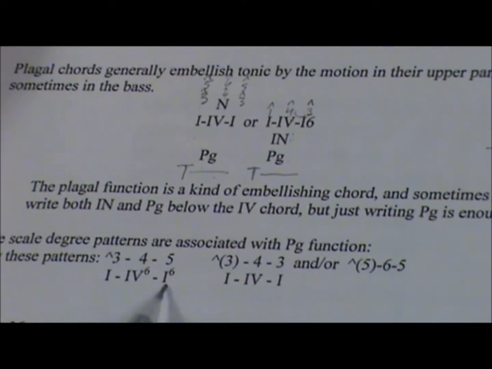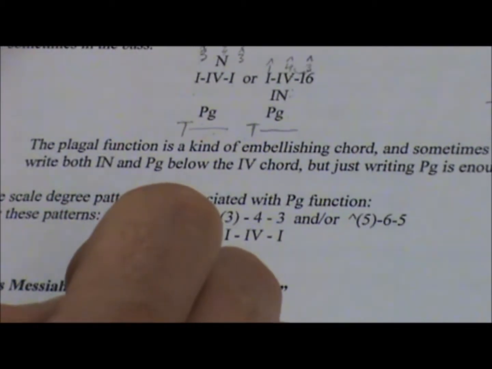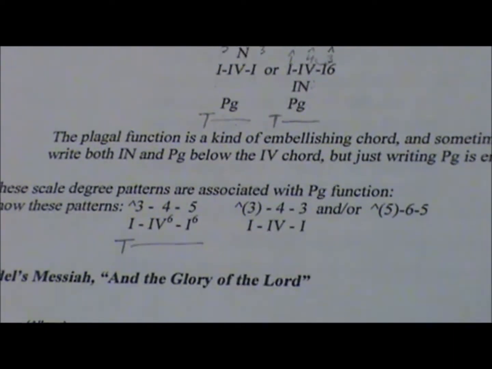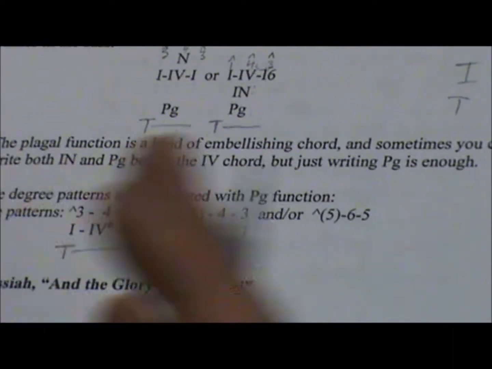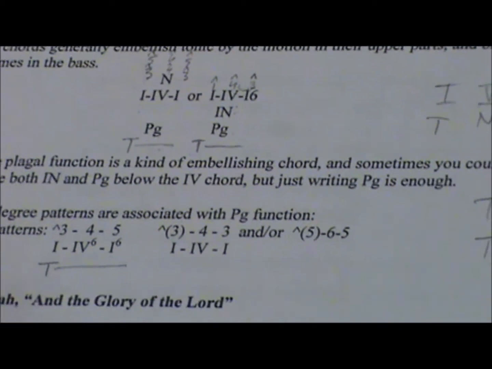There's one more. Okay, here it is. This is the other one I'm thinking of because it happens so much. Again, it's in the context of a tonic expansion, not a situation where it's the entire phrase. This Plagal motion gets you to a 1/6.